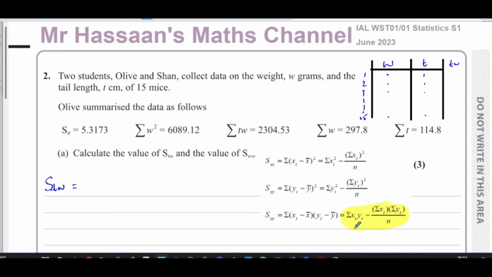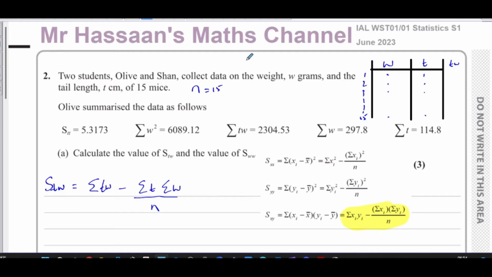So here what we're going to have is the sum of, it says XY, but actually we need TW. The sum of T times W, minus the sum of T times the sum of W, over N. N is the number of entries, which is 15, because there's 15 mice that were monitored.